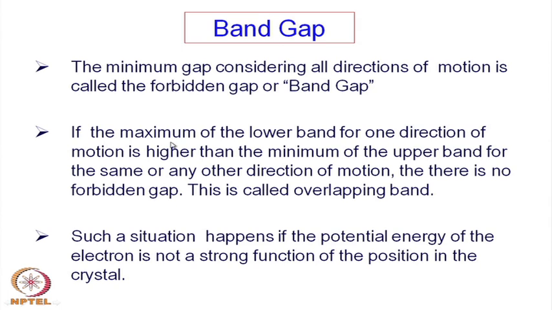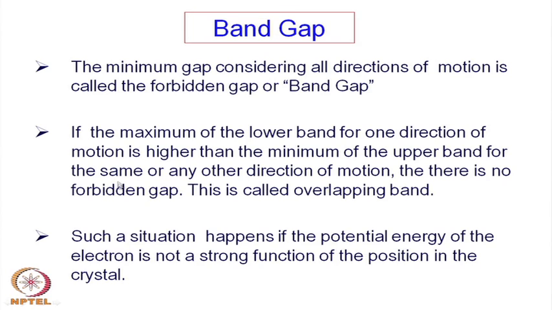We have different levels of bands: the first Brillouin zone, second Brillouin zone and the third Brillouin zone. So there are different levels and the energies are different. When one Brillouin zone ends, another Brillouin zone starts after a gap of certain energy levels.